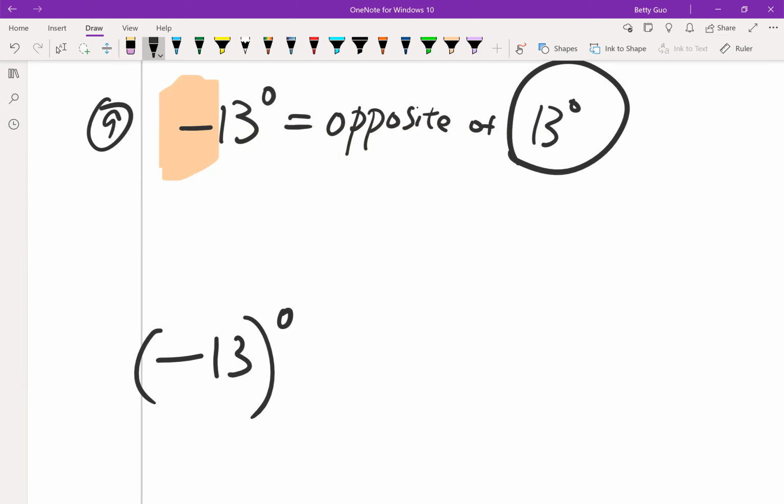If the exponent is 0, it doesn't matter what the base is, as long as the base is non-zero, that is 1. The opposite of 1 is negative 1. So be very careful. People mess up number 9 because they don't see the structure very clearly.